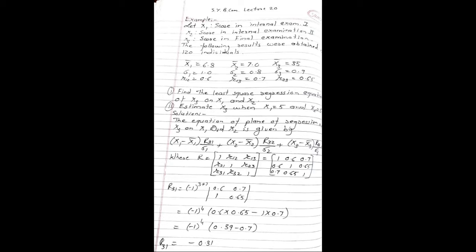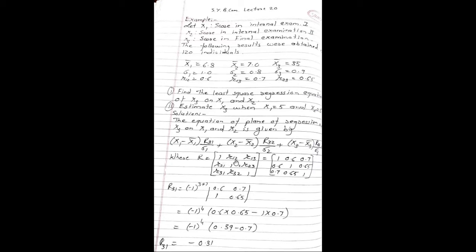See the solution. The equation of plane of regression of x3 on x1 and x2 is given by (x1 minus x1 bar) R31 upon sigma 1 plus (x2 minus x2 bar) R32 upon sigma 2 plus (x3 minus x3 bar) R33 upon sigma 3 is equal to 0, where matrix R is given by 1, r12, r13, r21, 1, r23, r31, r32 and 1.